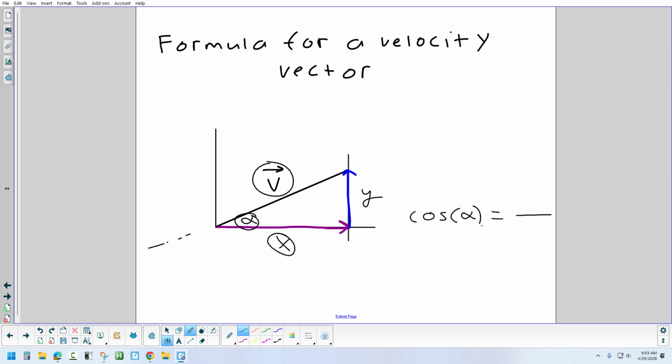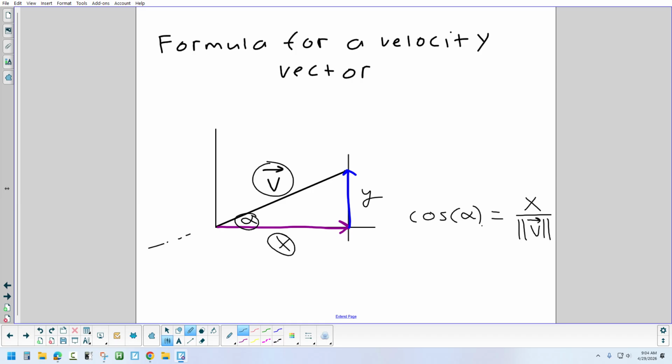So the adjacent is x. And when I say adjacent over hypotenuse, what do I mean by hypotenuse? Like the what of the hypotenuse? The length of the hypotenuse. So you need to put this. We don't want to put adjacent over v.